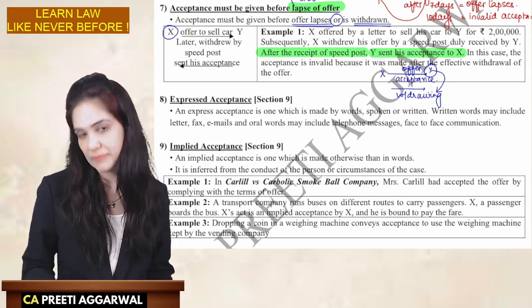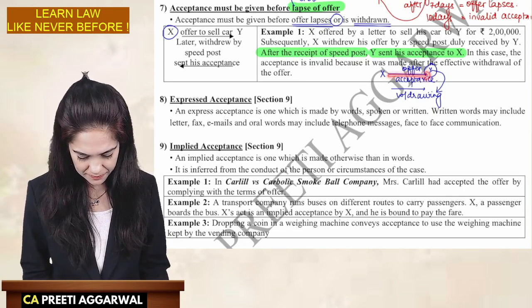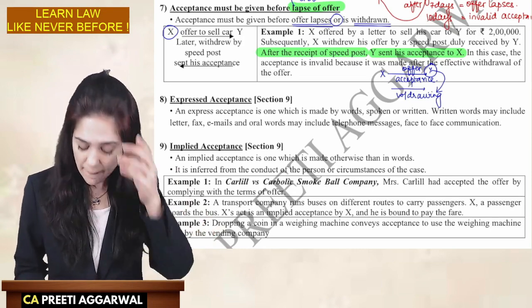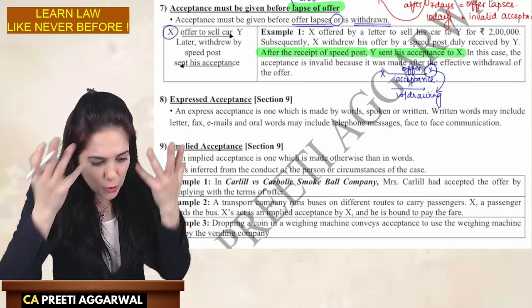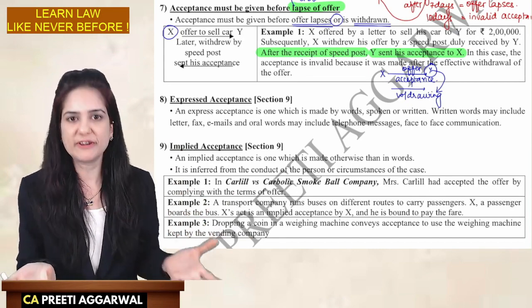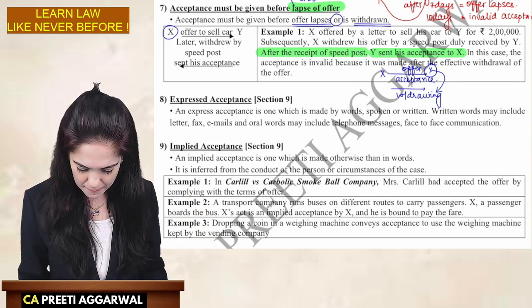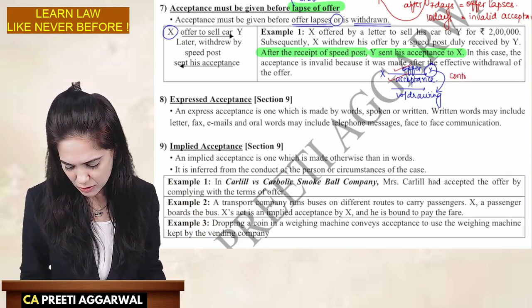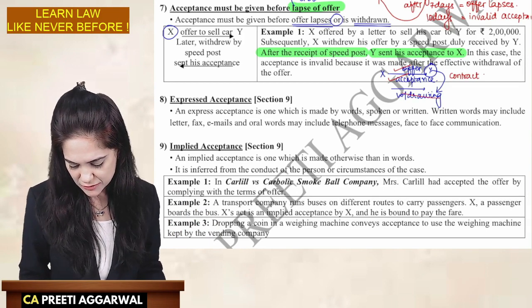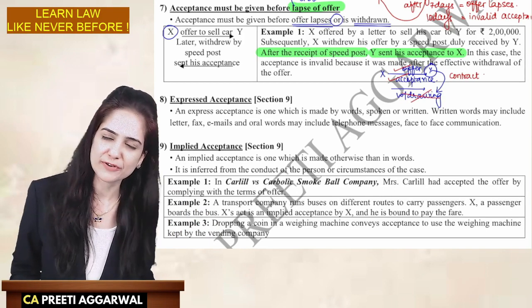Ma'am, then what will happen? See, offer was accepted. A valid contract now comes into existence. This withdrawal will have no effect. So a valid contract will come into existence.